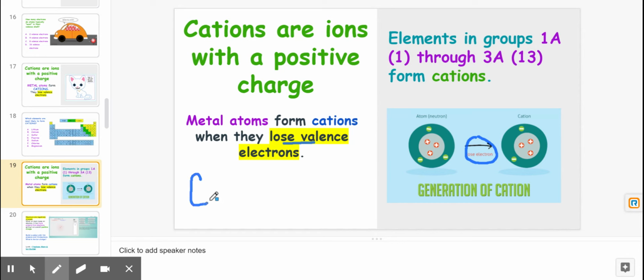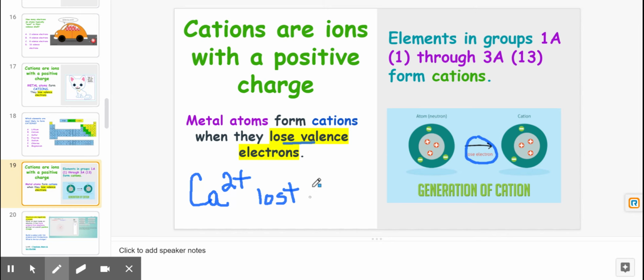Something like calcium with a 2+ charge as a cation is counterintuitive, because we see 2+ and it looks like it gained 2 things. But in order to become 2+, it lost 2 electrons, because you have to lose negative things to become positive.